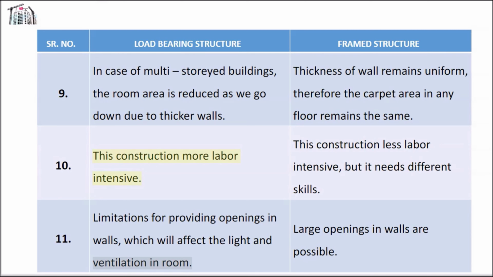This construction is more labor-intensive. This construction is less labor-intensive, but it needs different skills. 11. Limitations for providing openings in walls, which will affect the light and air. Large openings in walls are possible.